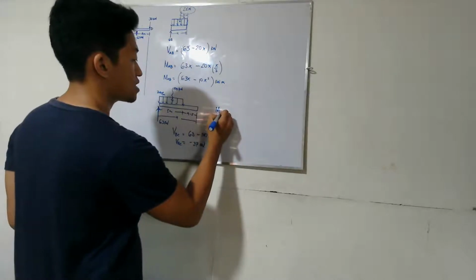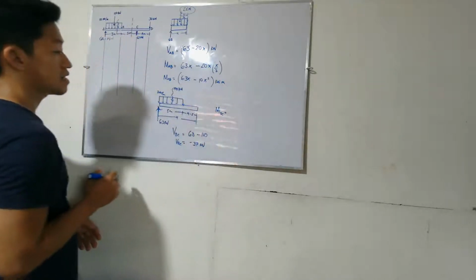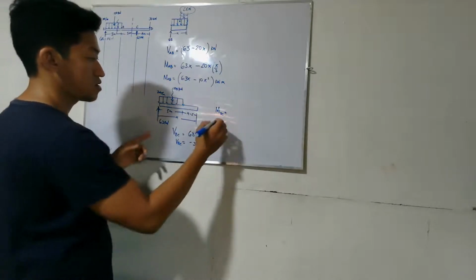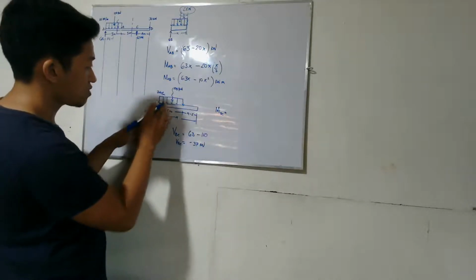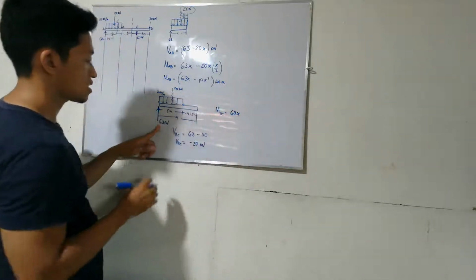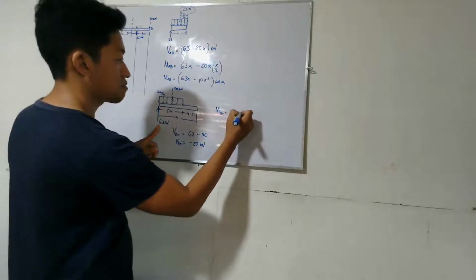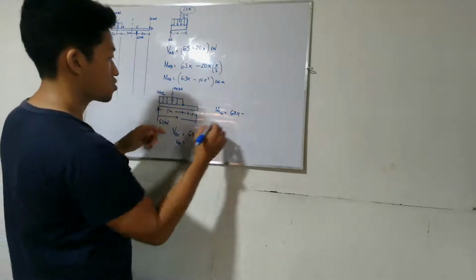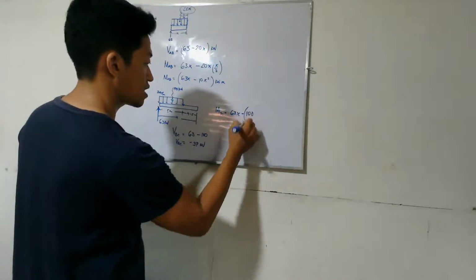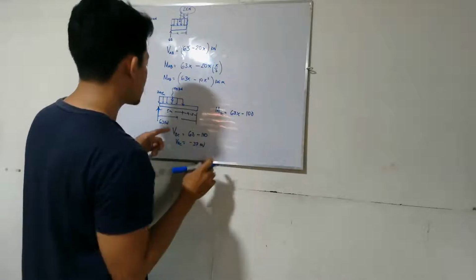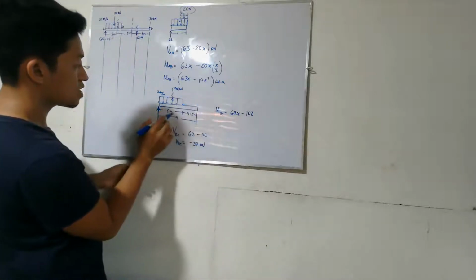Moment BC. Again, diri ka mag datum diri. So, duha ra man ni ka force kani ug kani. So, you have 63x man ni. Minus kay counter. Minus 100 times ang moment arm ani.